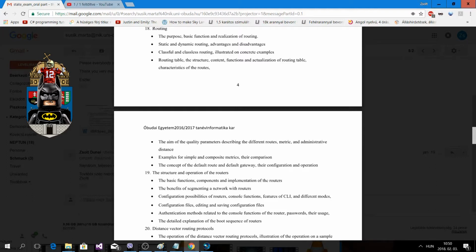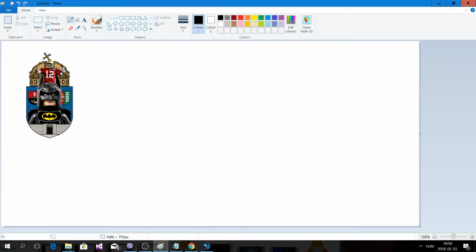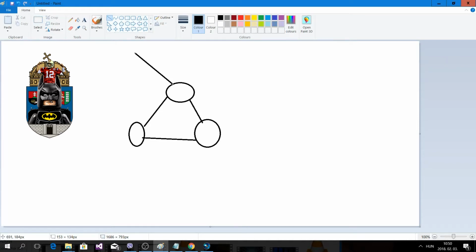And the administrative distance is really important, because imagine that we are not using a single routing protocol but multiple. Therefore there can be multiple paths from a source to a destination. For example, imagine that we have 3 routers, one here, one here, one here. They are connected together, and we don't need the others.